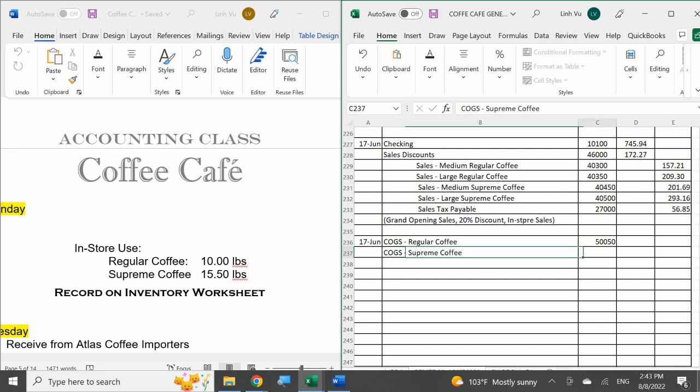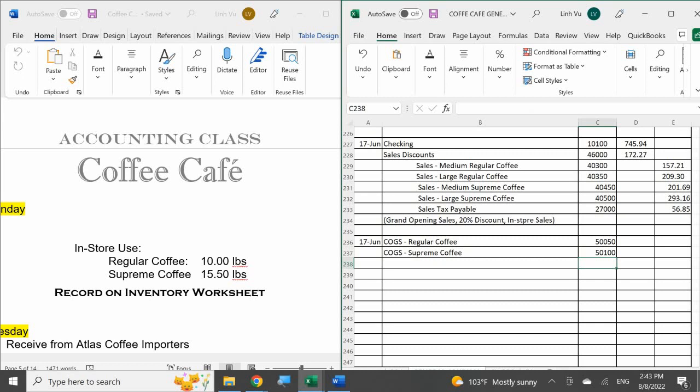If I'm going to update my inventory, what account am I going to be taking these out from? Wouldn't it be debit? It is debit, the cost of goods sold. But where am I going to be taking these amounts out from?